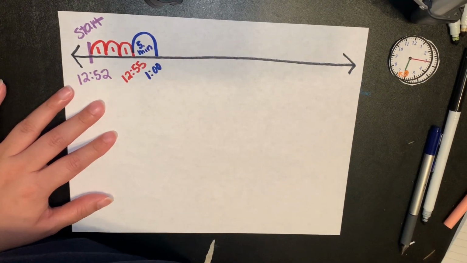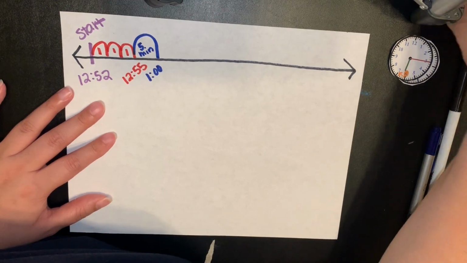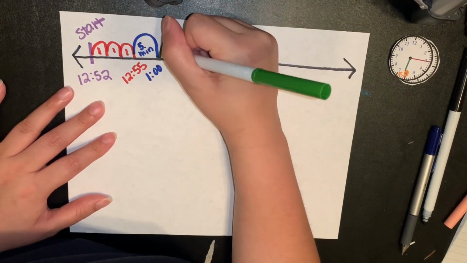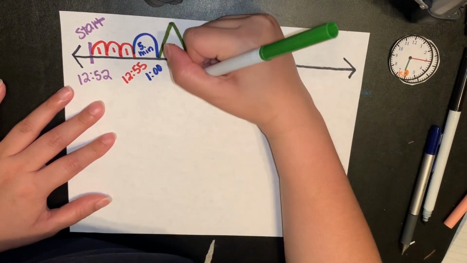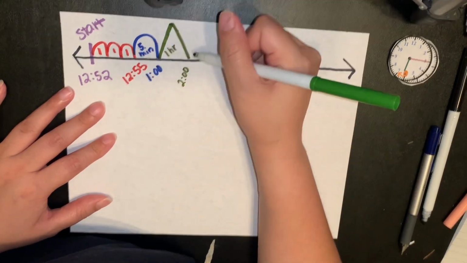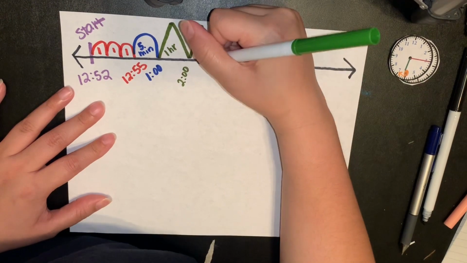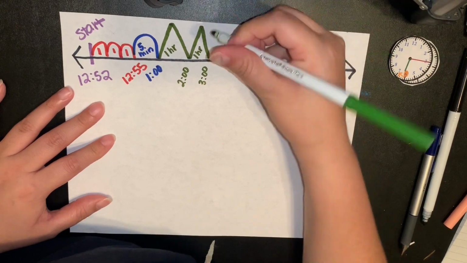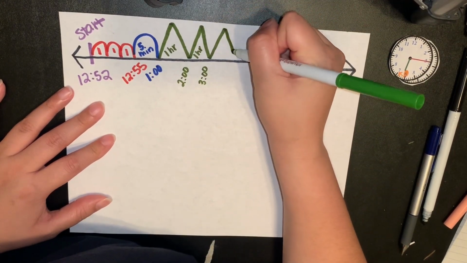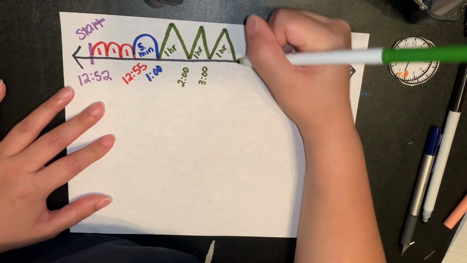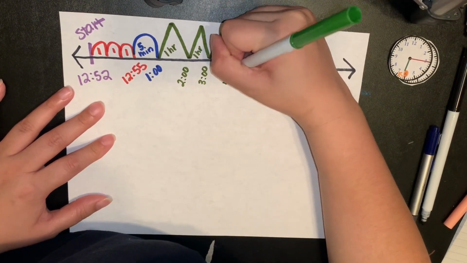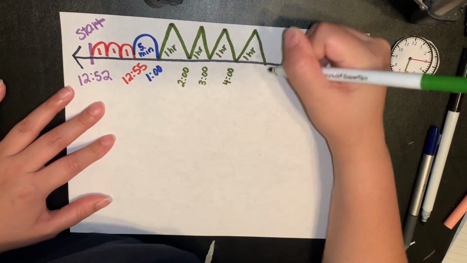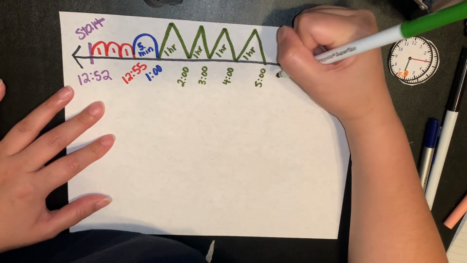Now it will be easier to get to 6:15. So 1 o'clock plus 1 hour is 2 o'clock, plus 1 hour is 3 o'clock, plus 1 hour, 4 o'clock, plus 1 hour, 5 o'clock.